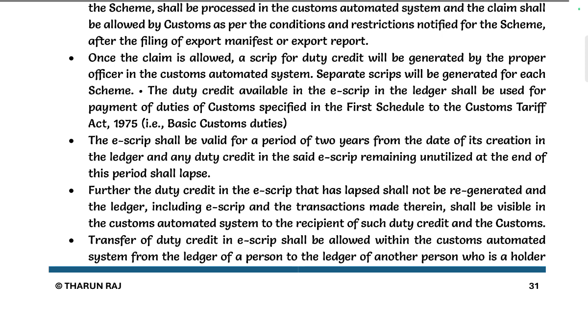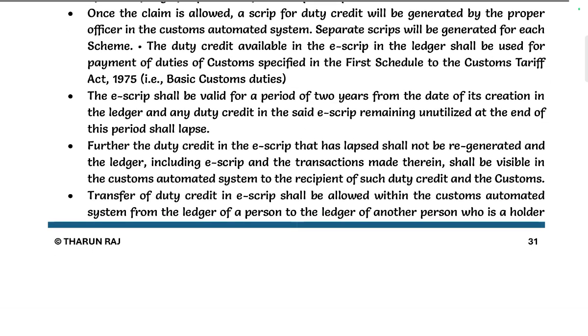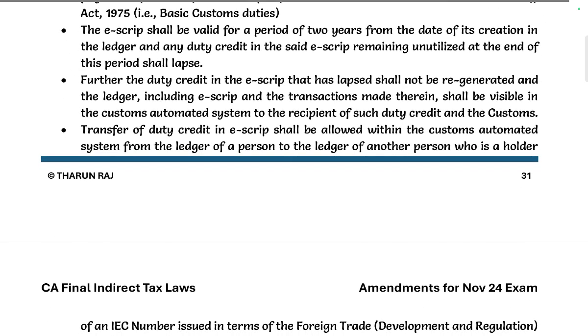The e-scrip shall be valid for 2 years from the date of creation in the ledger, and any duty credit of the e-scrip remaining unutilized at the end of the period shall lapse. Further, the duty credit of the e-scrip that lapses shall not be regenerated. The ledger, including e-scrips and transactions made therein, shall be visible to the customs automation system, the recipient of the duty credit, and customs.